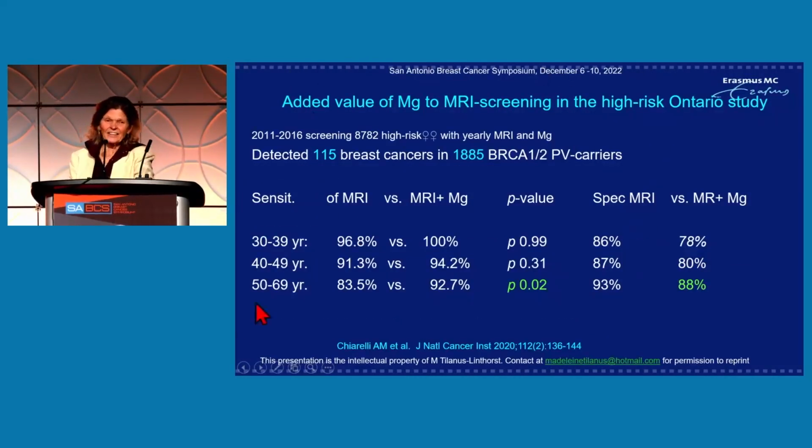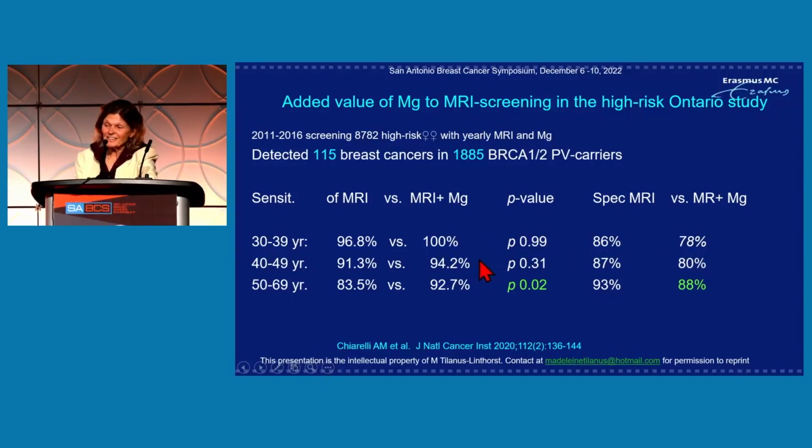And again, the same was demonstrated in the large Ontario study, with nearly 2,000 BRCA mutation carriers screened with MRI and mammography and 115 cancers detected. Below age 40, there was no significant increase in sensitivity, and of course a decrease in specificity.